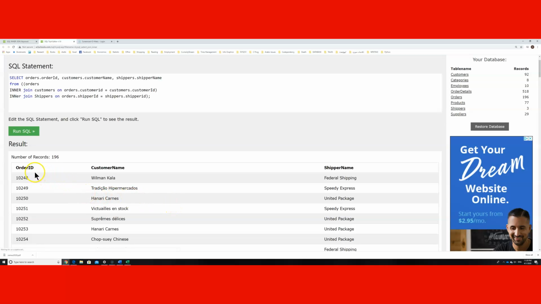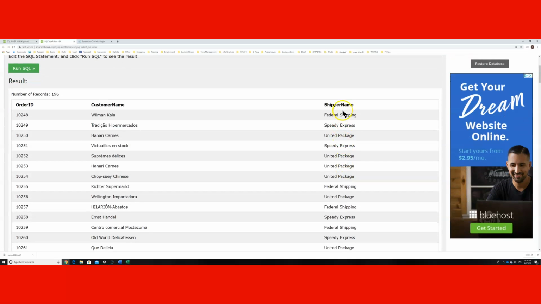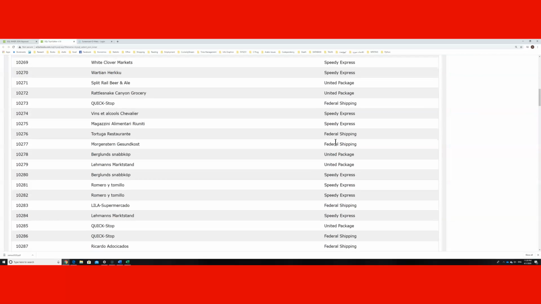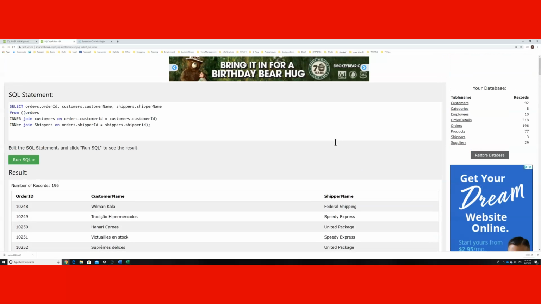We got the order ID, we got the customer name, and we ended up also listing the shippers. Even though we have three shippers in the original table for the shippers, because the shippers are actually doing a lot of shipment for different types of orders, therefore we're going to be listing all of those here.